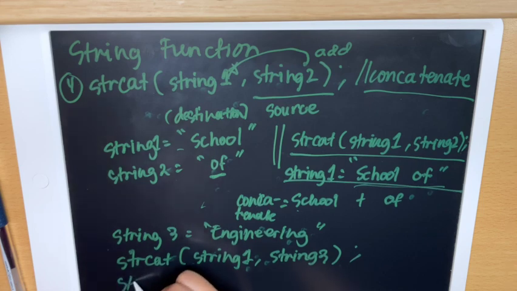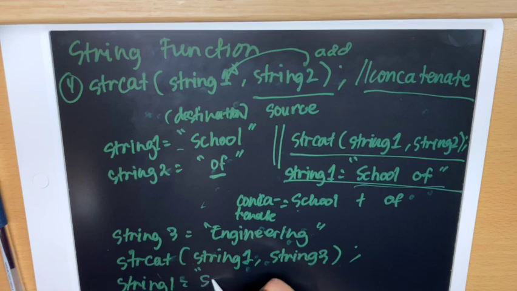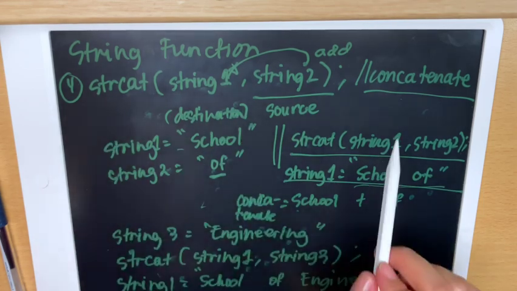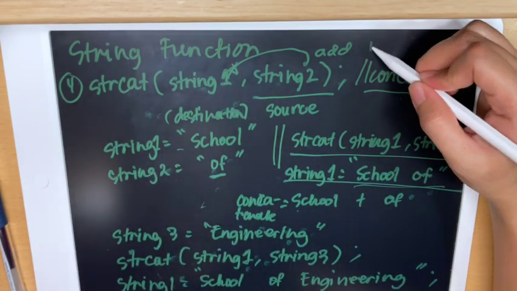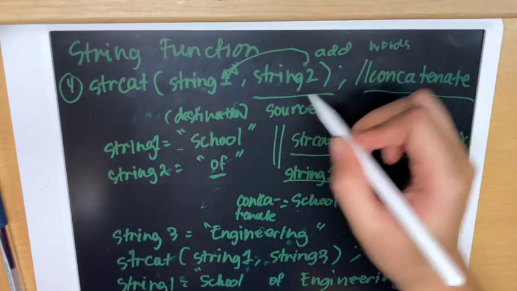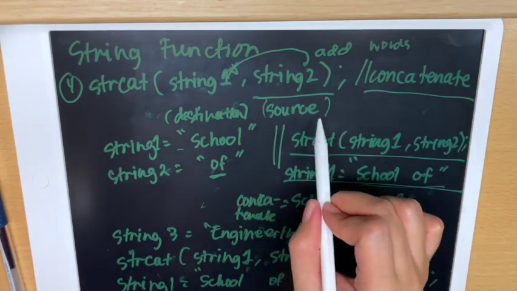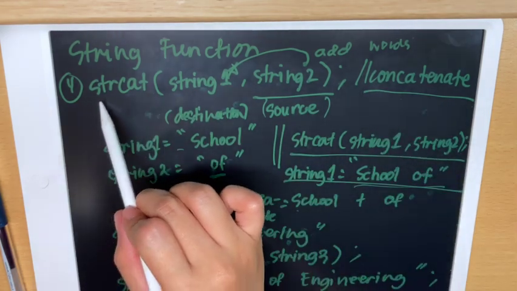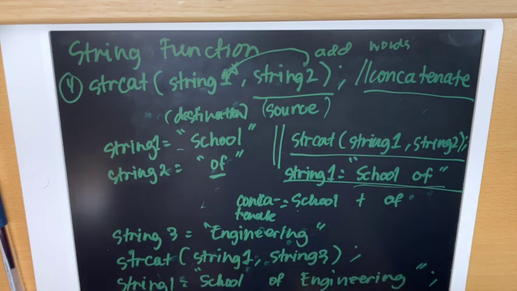So string 1 will now become "school of engineering". Just imagine I put a space. Assume that it has a space. So here, concatenate means add words. This is what you want to add to the original. So that's how strcat works. You concatenate strings.